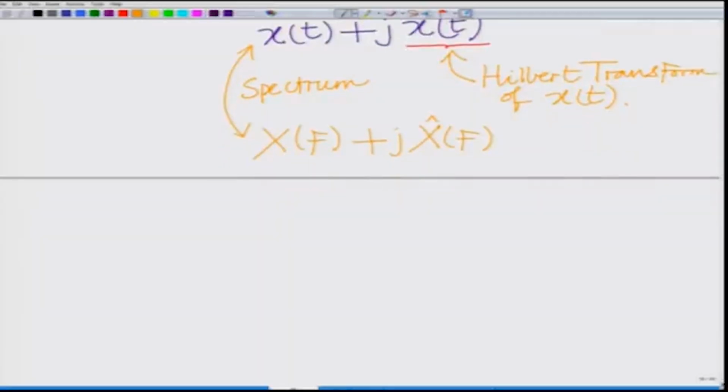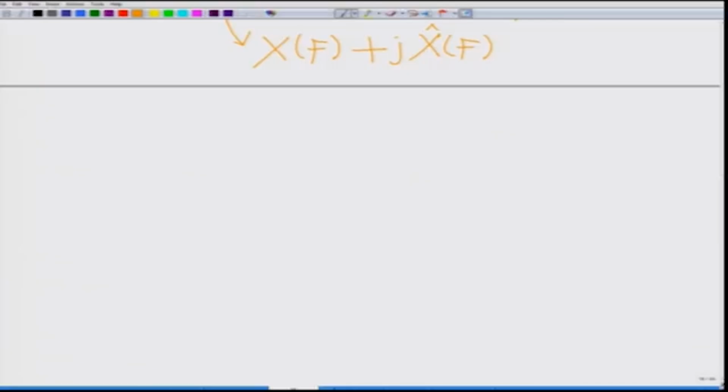We have already drawn x f, that is the spectrum of x t. Let us now see what is the spectrum of x f plus j x hat f. To do that, first let us start with x hat of f. Now, we know x hat of f, the spectrum of the Hilbert transform, is equal to minus j sgn f times x f.